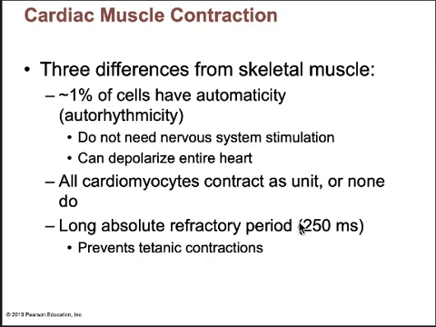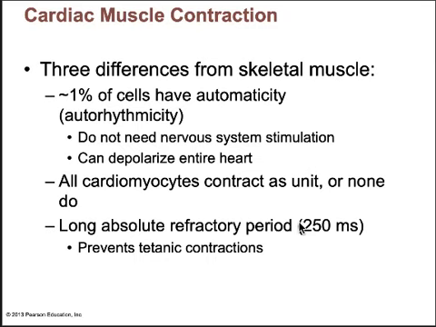The long absolute refractory period is designed to prevent the heart from going into tetany. Because of this, it's impossible to force the heart to go into anaerobic metabolism or to beat at a rate that the cardiomyocytes are incapable of.